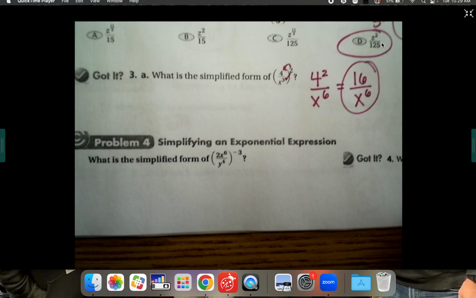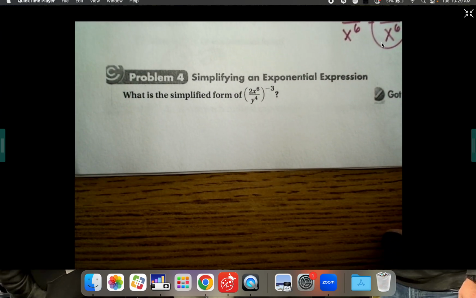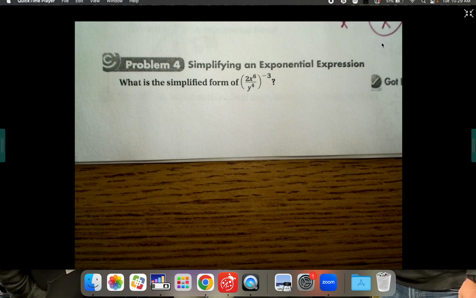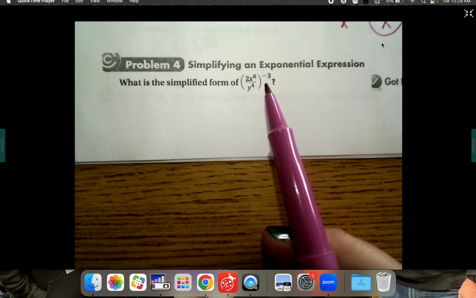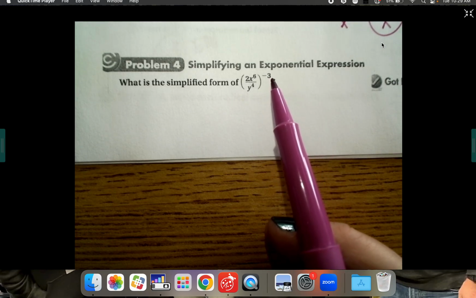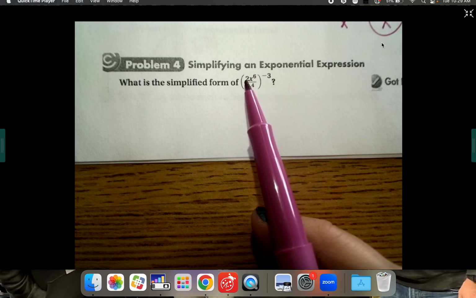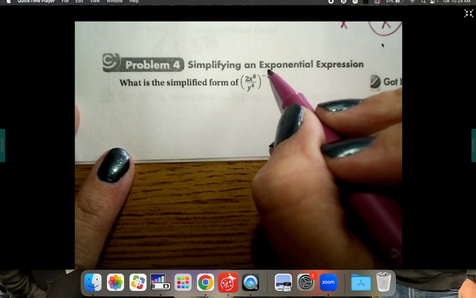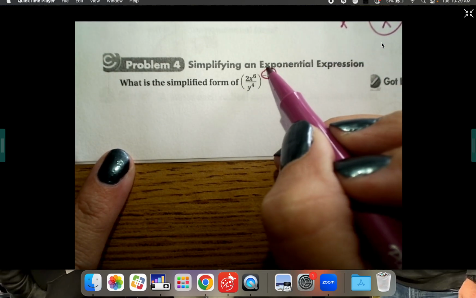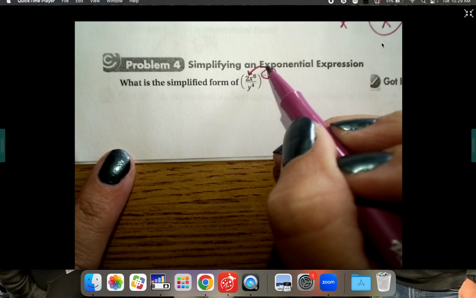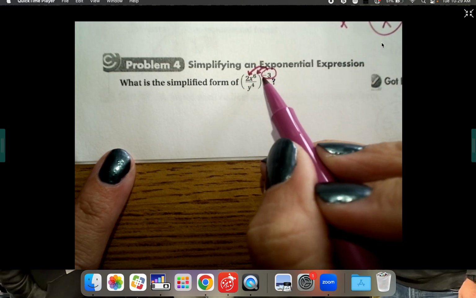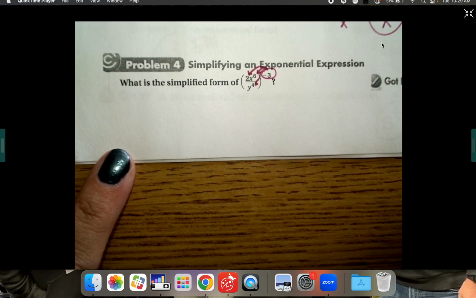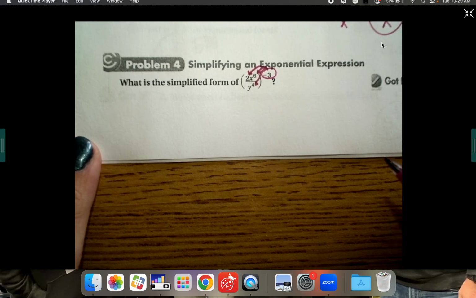All right, let's go ahead and work out some that are a little harder, but using the same strategies we've been doing. So now we have a -3 on the outside of all 3 of these terms, these bases. So we need to distribute this -3 exponent to the 2 and to the x to the 6th and to the y to the 4th. So let's just do that step by step.